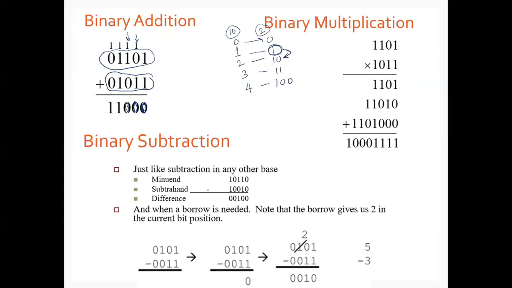This is 0, then you have carry 1. Then you have 1 plus 1, 10, plus 1, 11. So you have 1 here, and the carry goes here, 11, right? So you have 0 plus 0, 0 plus 1 is 1.